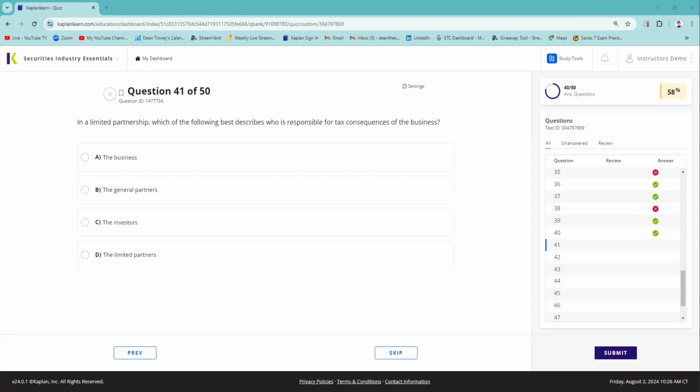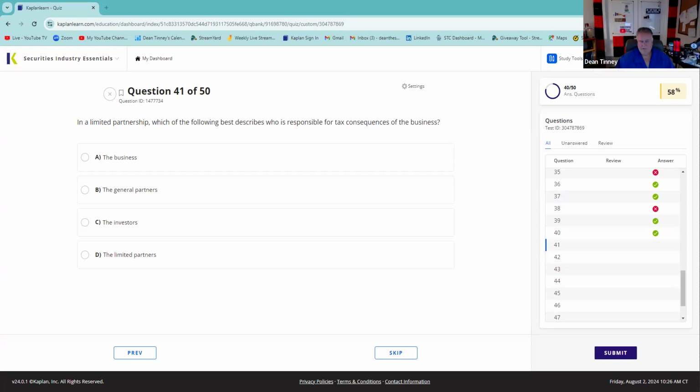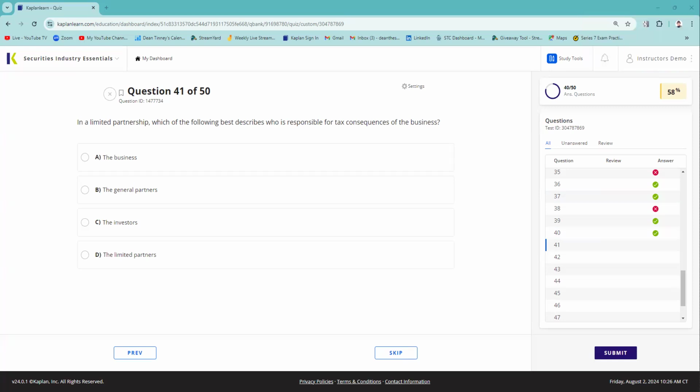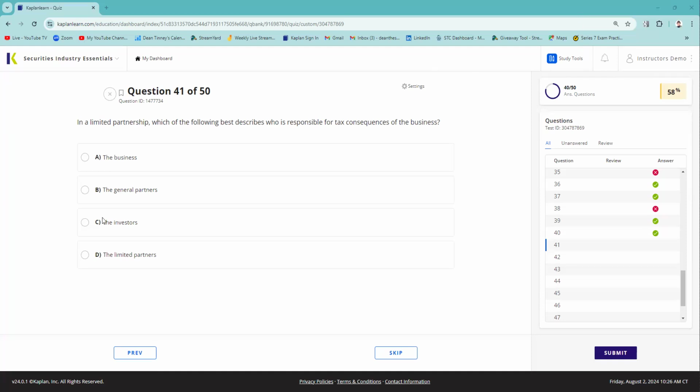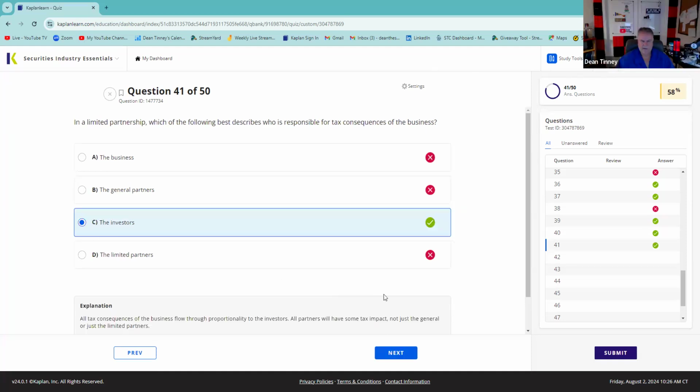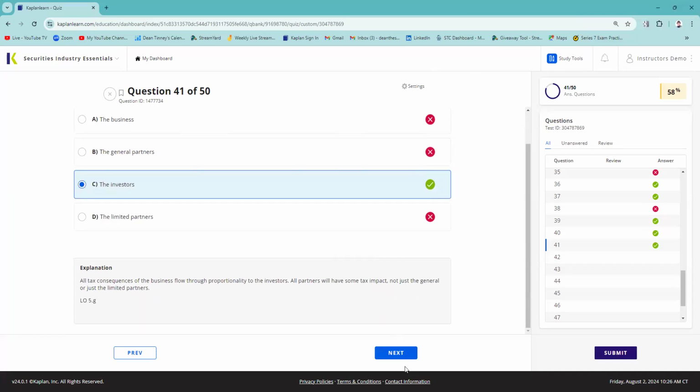But in a limited partnership, remember the tax consequences flow through to the investors. The general partners manage the business. There's no retained earnings. Yeah, we got it right. The investors. You get your K-1, and you're responsible for your taxes.